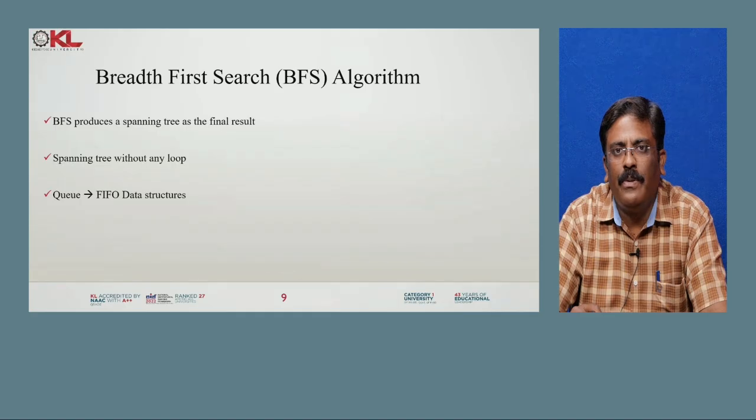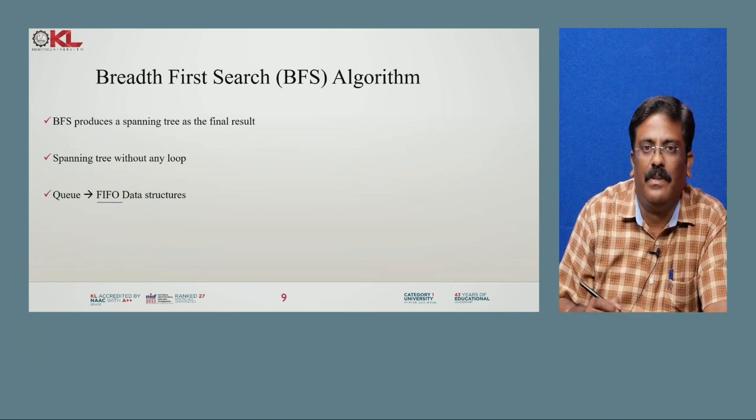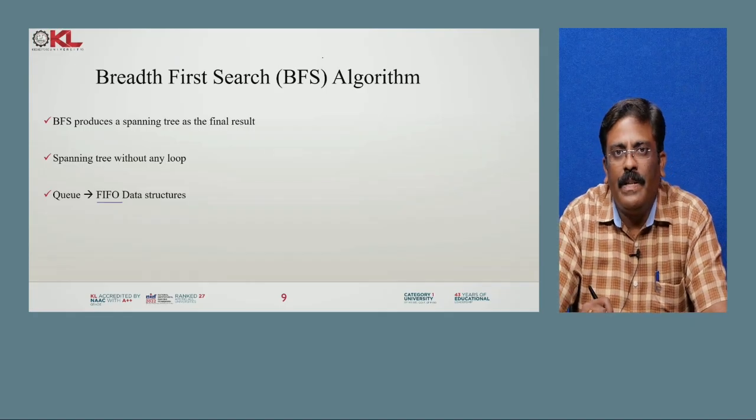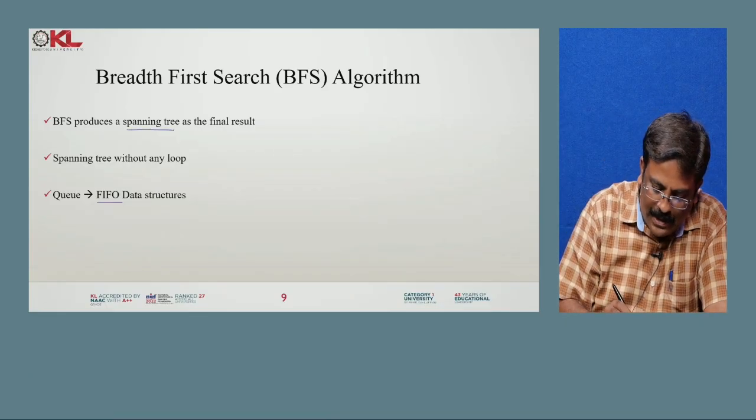In order to do so, this BFS algorithm adopts the Q data structure, and the property of the Q data structure is first in first out. Also, the output of this BFS algorithm is the forming of a tree, or we can say a spanning tree.